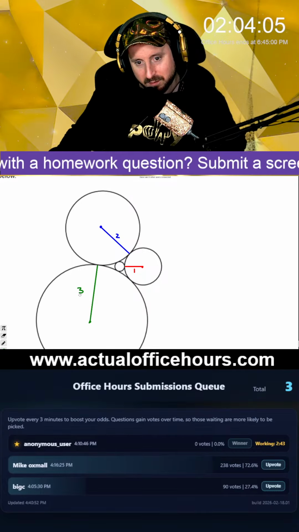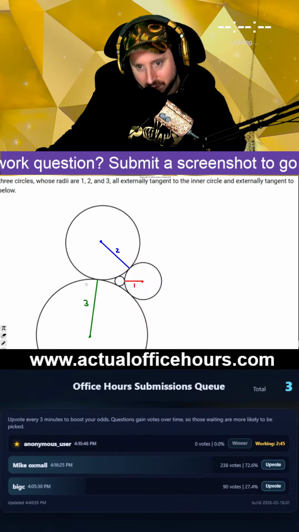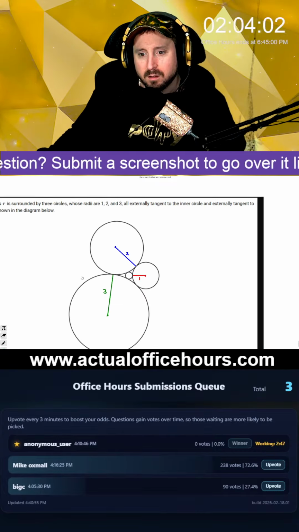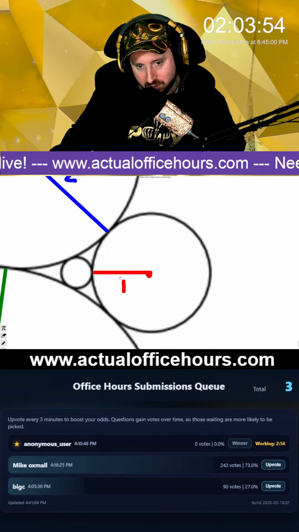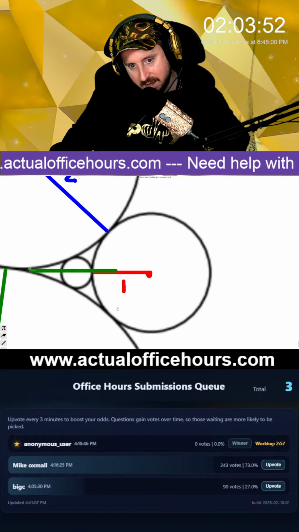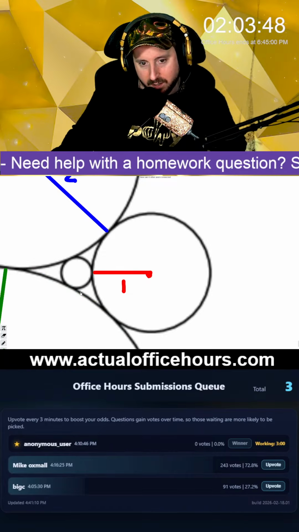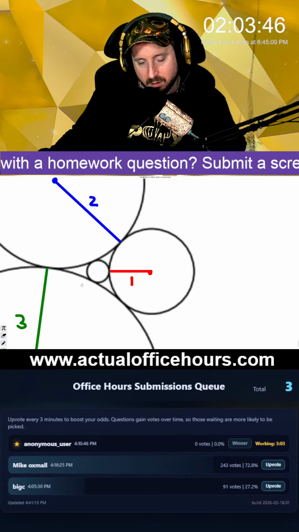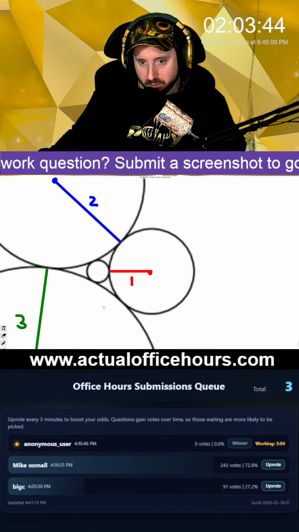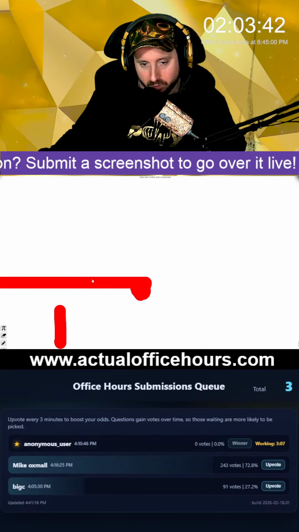Okay, this is 3. All right, let's think. If they're all tangent, that usually... So, when something's tangent, that means the angle between this and this is 90 degrees. So, I'm thinking I can start making some triangles, probably, right? I hate how small this is.